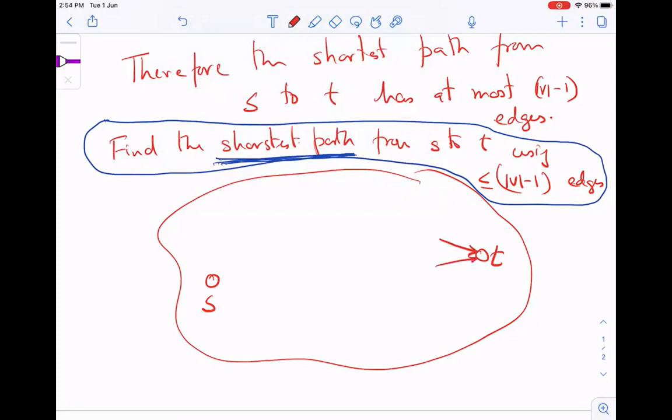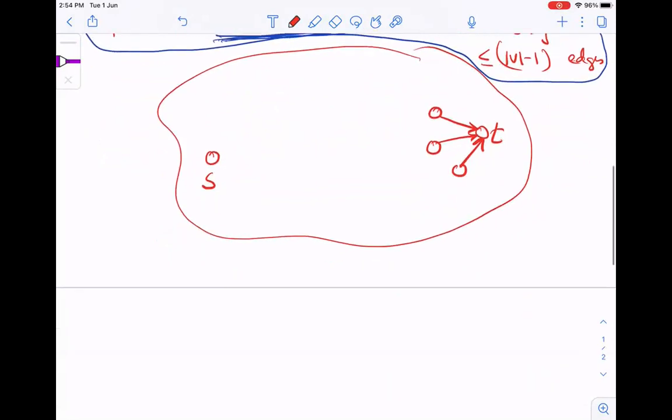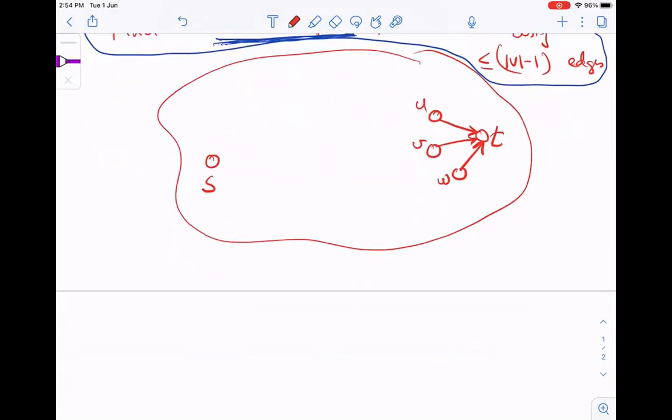This is something that we had discussed in the earlier class also, if you remember. So look at all the vertices which are the pre-neighbors of T. Say they are U, V, and W. So what is the problem that I want?